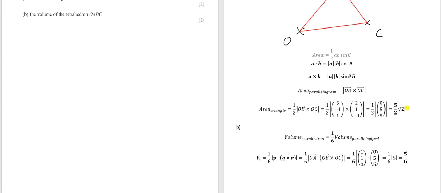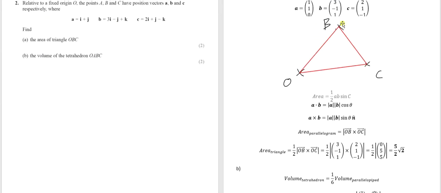If you want to calculate roughly what the size of these things are, 5 over 2 times root 2. Root 2 is about 1.4. If you halve it, you get 0.7. If you multiply that by 5, you get about 3.5. The volume we're ending up with is 0.8-ish. And so if you're comparing them, you might be surprised that a tetrahedron, which has this as its base, has such a small volume.